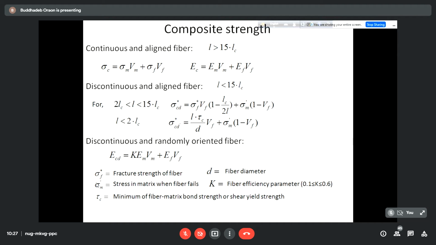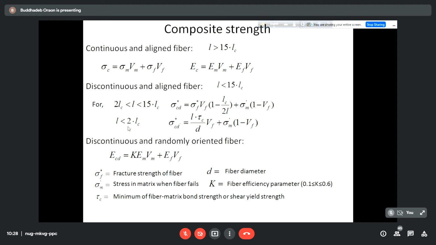When we discuss the stress-strain behavior of a composite material, maybe I will come back to this slide, and it will be clear what sigma m dash and sigma f star and so on mean. All these notations will be clear. I will come back again if required. So this is the equation for discontinuous fiber.